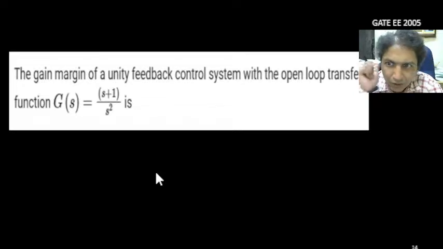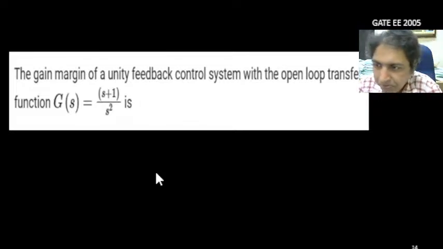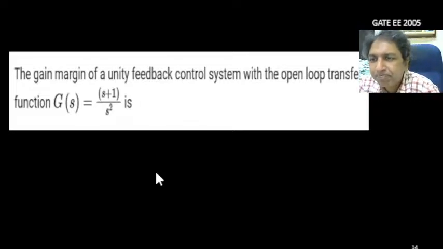Okay, so can you solve this problem? Anybody?